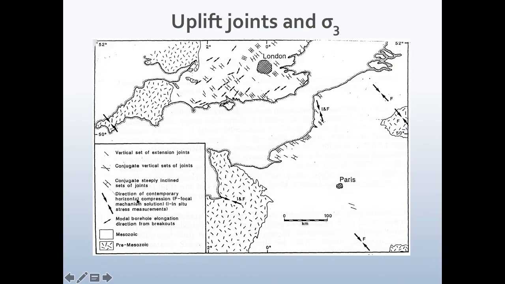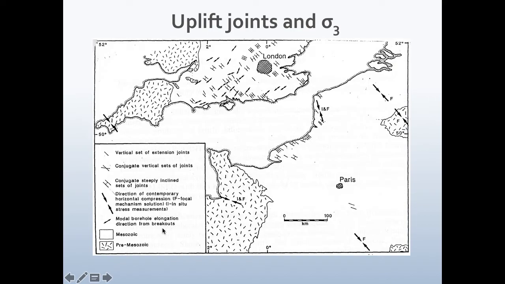But there are two other things we can look at. One of them is related to earthquakes, which can tell us an idea of a stress direction. These are shown as the big arrows. And the other one is borehole elongation.